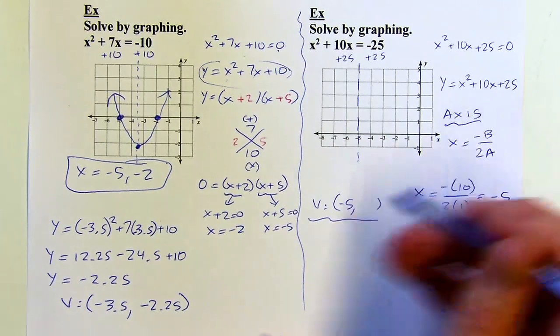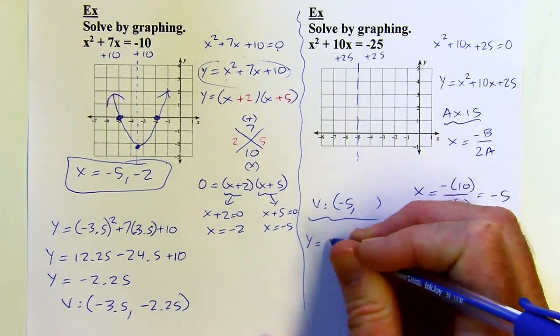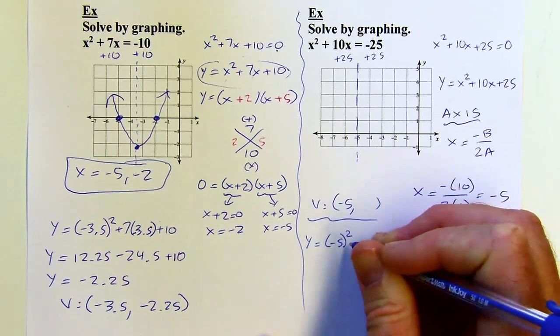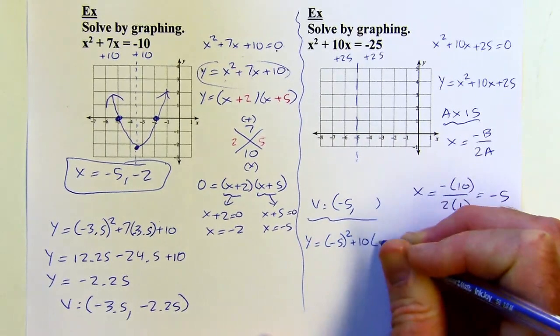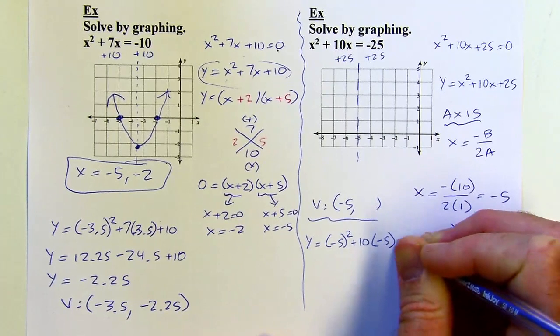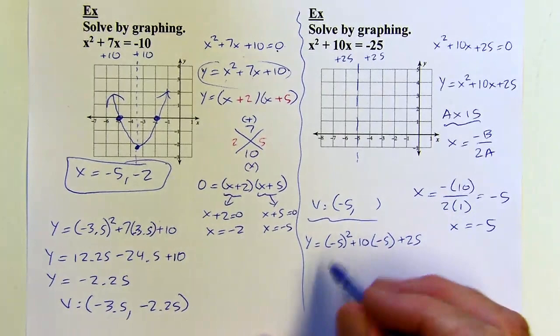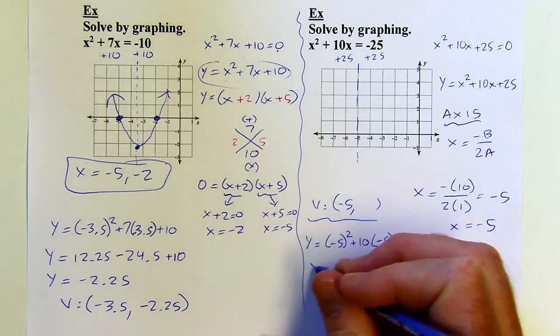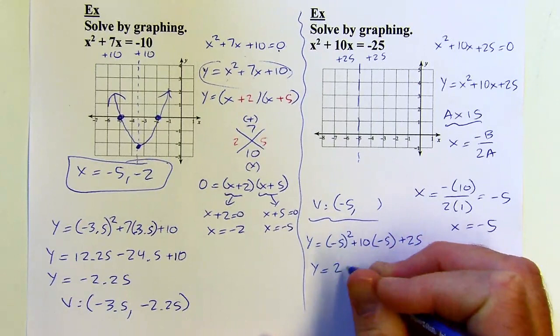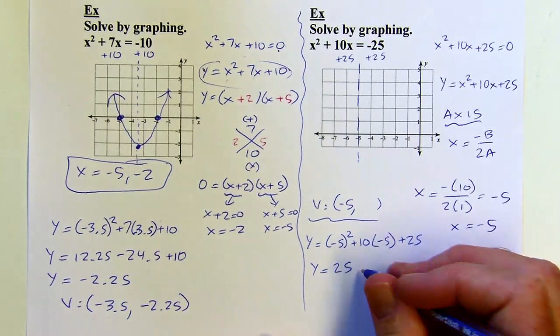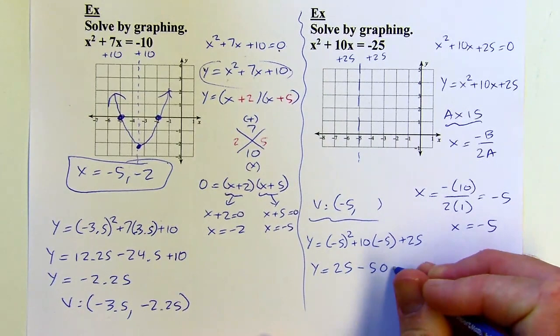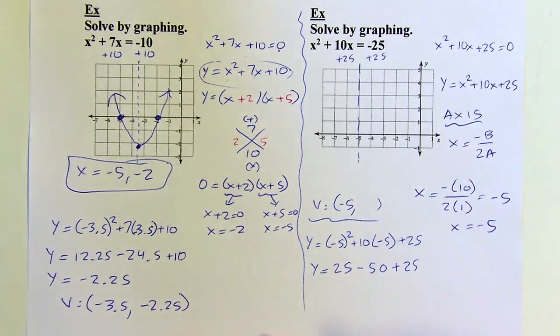So I'm going back to the equation with the y, and this part's just the same as the previous problem. I'm plugging in the x to find the y that goes with it. So negative 5 squared is positive 25. 10 times negative 5 is negative 50. And then I got the plus 25.